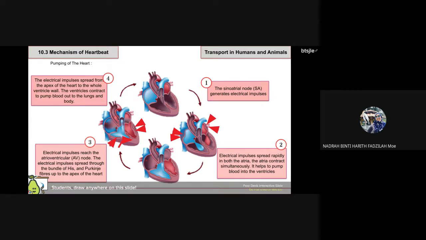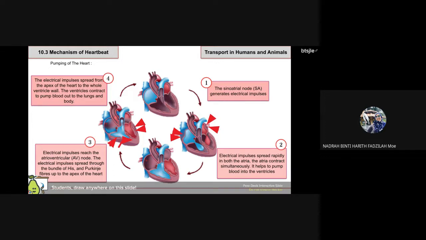Tapi pada masa yang sama bicuspid dengan tricuspid valve tutup. So blood push into the pulmonary artery to go to the lungs. But blood is also pushed into the aorta to be transported to all parts of the body.